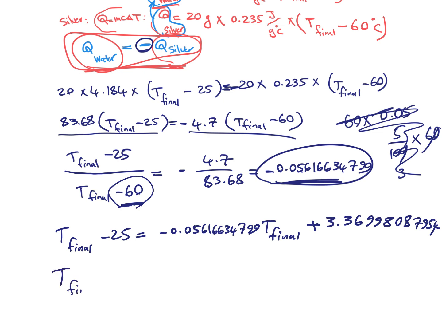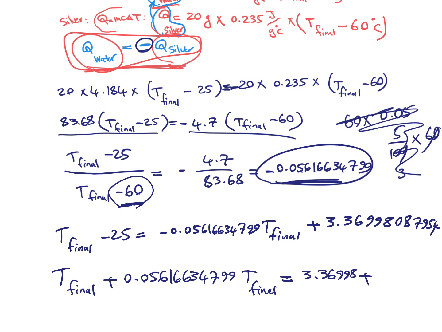And T final plus 0.056. And again, these things I'm just writing here to demonstrate. You can just put the numbers in the calculator. Equals 3.36998 with the rest of the number, write the whole thing, plus 25. I have it here on my computer, so I just add 25 to that.